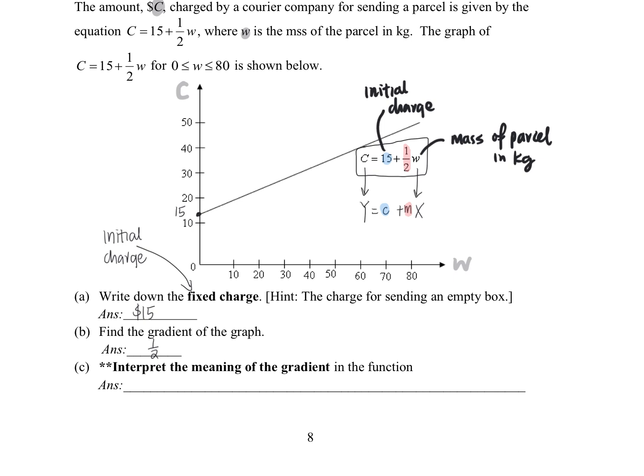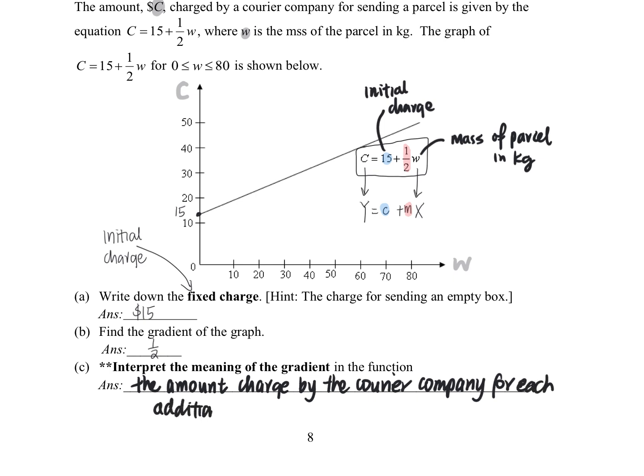So actually this gradient means the amount charged by the courier company for each additional kg of parcel.